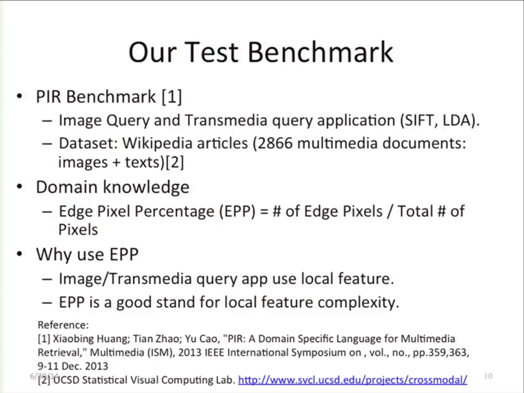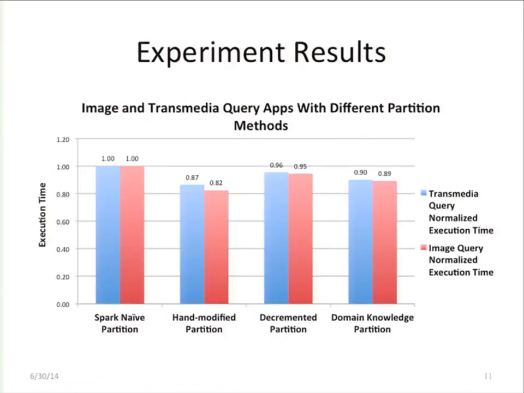And in this slide, I'm showing the experiment results of using our own partitioning method. On the very left, the vertical bar is the Spark naive partitioning method, which has been normalized to 1. And what you can see here is the hand-modified partitioning.